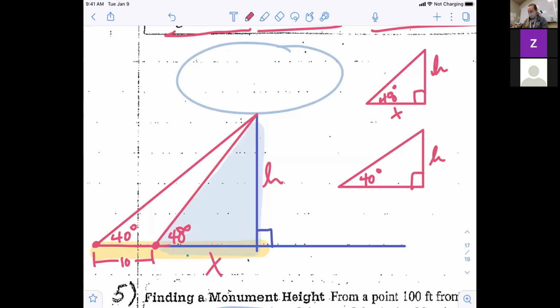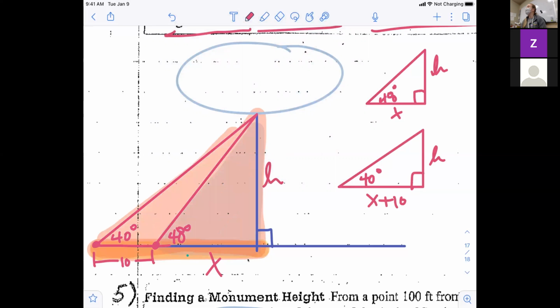Now for 40, we did the entire triangle, not just this little baby sliver right here. We did the entire thing. So all the way over to the height, this big orange triangle is what I drew. So my bottom distance is x plus 10. It's this entire thing at the bottom. x plus 10. Everyone okay with that?